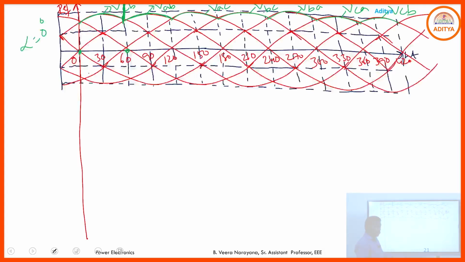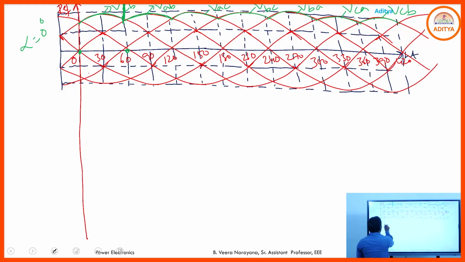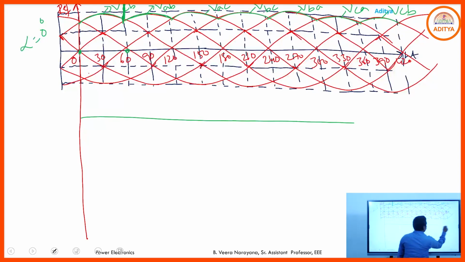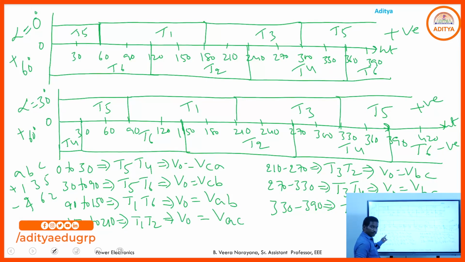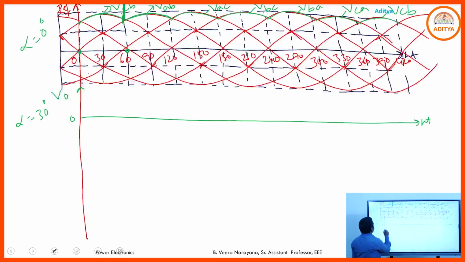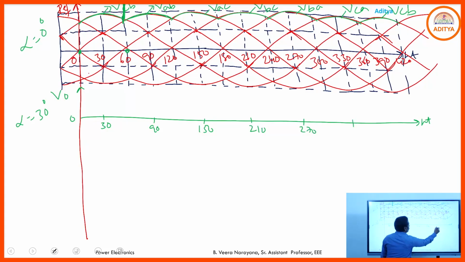Coming to this, I just want to draw the output voltage waveform for alpha equal to 30 degrees. Then how is it? You go through this: 0 to 30, 30 to 90, 90 to 150, 150 to 210, 210 to 270, 270 to 330, 330 to 390.